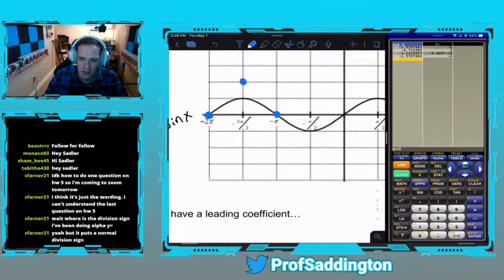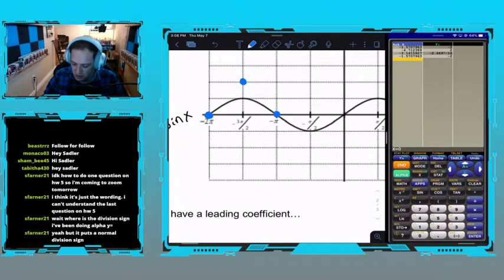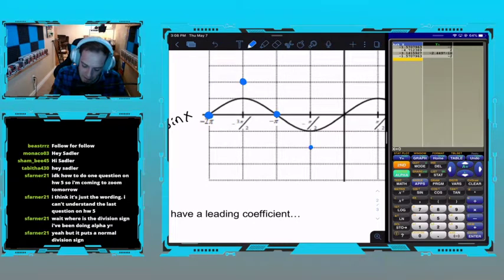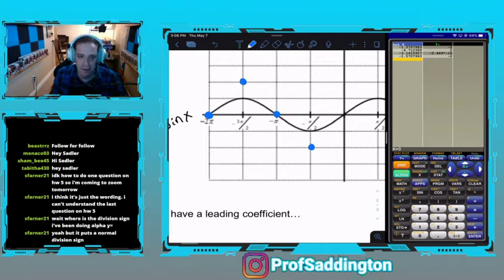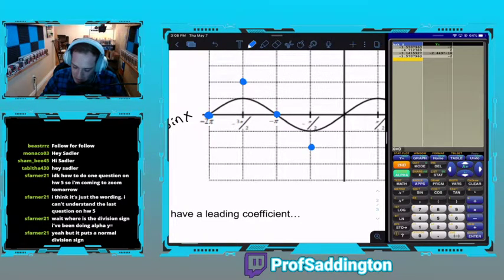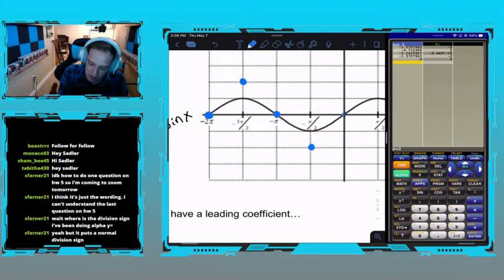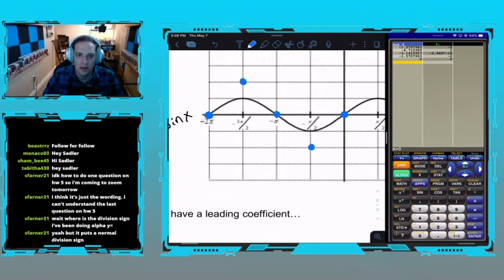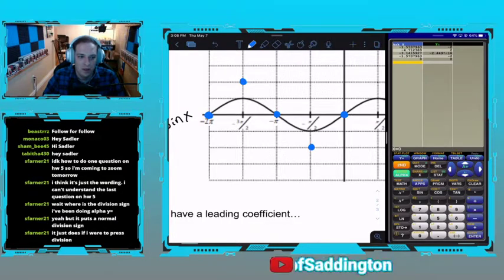What do you mean it puts a normal division sign? I don't know what you mean by that, Sierra. So that's going to be down here at negative 2. And then I'm just going to tell you guys, if you type in 0, the answer is going to be 0. You're going to have to show me in Zoom.